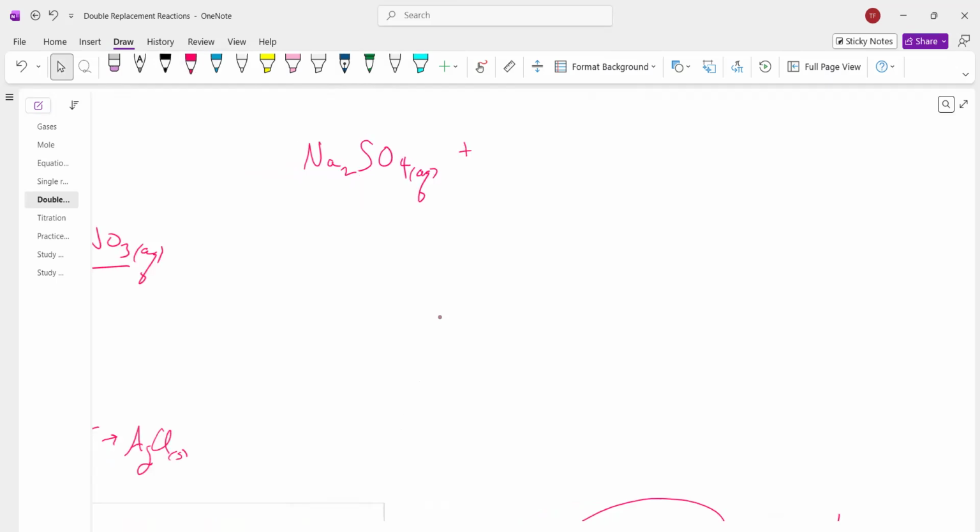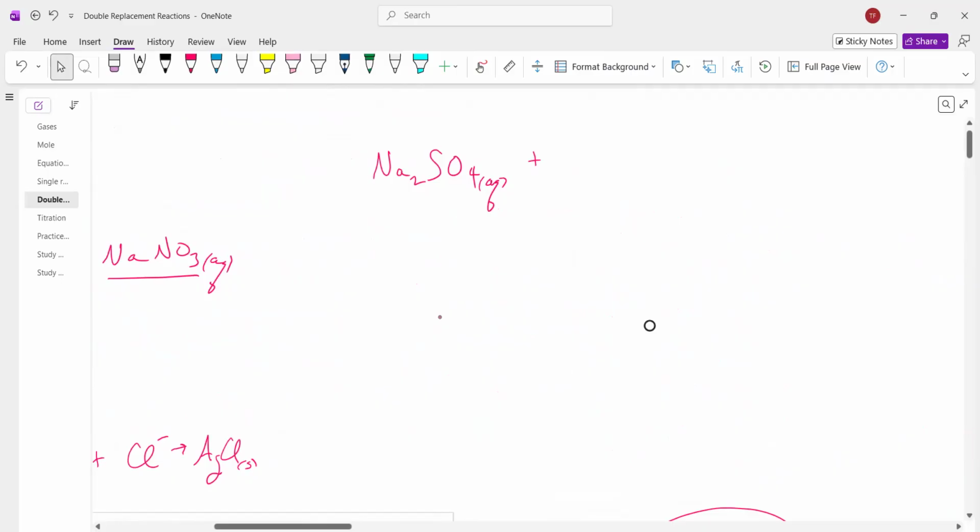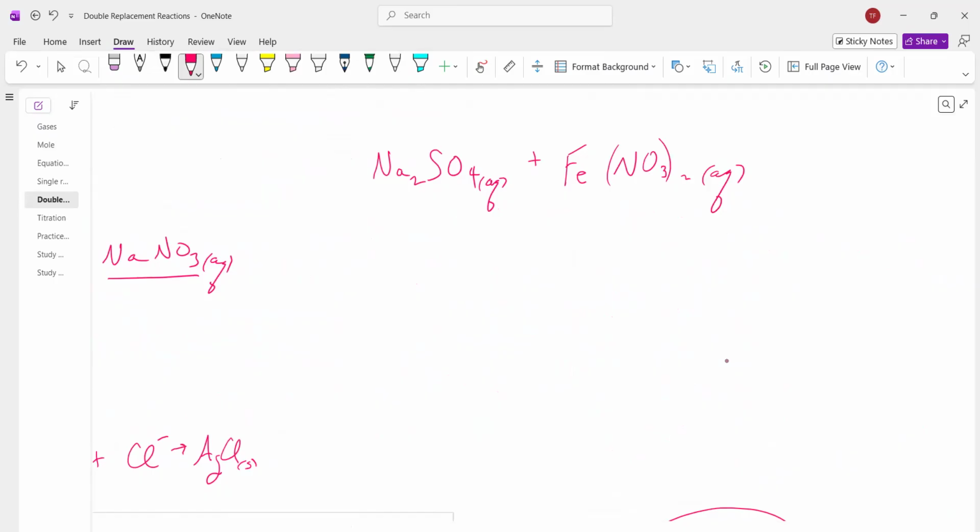And let's throw in, okay, so we have a solution of sodium sulfate and ferric nitrate. Dump them together.